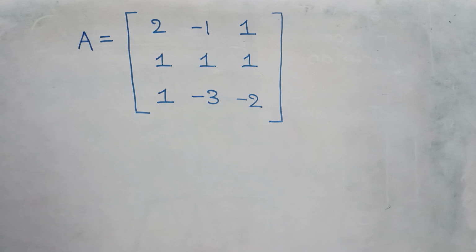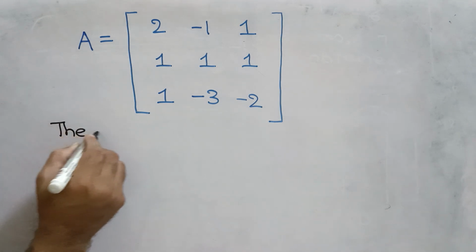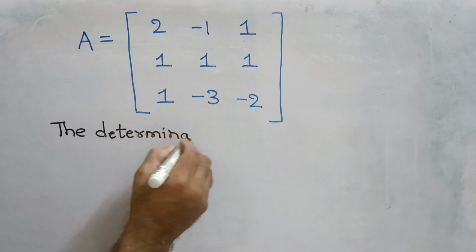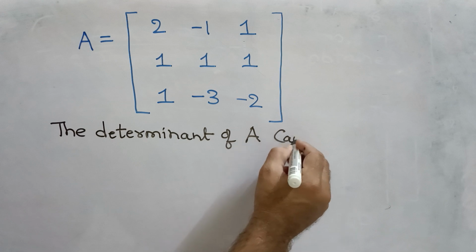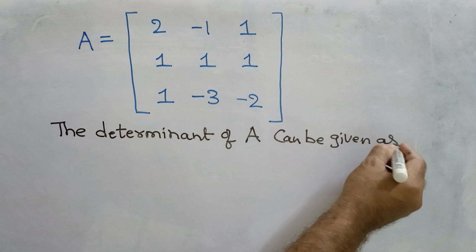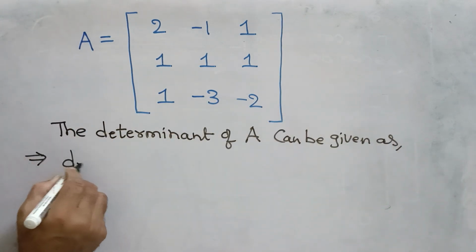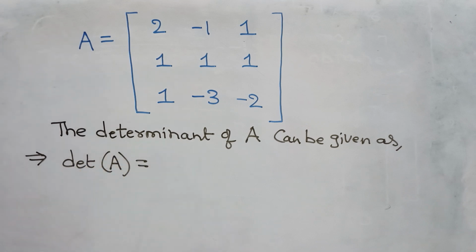For this, the determinant can be obtained. The determinant of A can be written as det A, that is the determinant of A. So the determinant of A can be written like this.